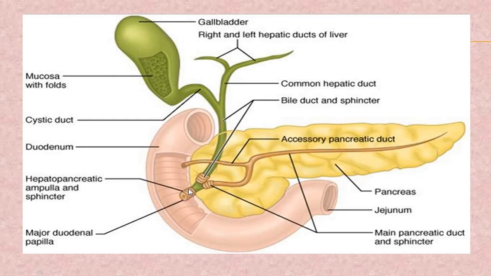So this ampulla is also called the hepatopancreatic ampulla, and along with this, the pancreatic duct also opens at this ampulla. Hepato means liver, pancreatic is for pancreas. And you see that the pancreas is present in the curve of the duodenum.